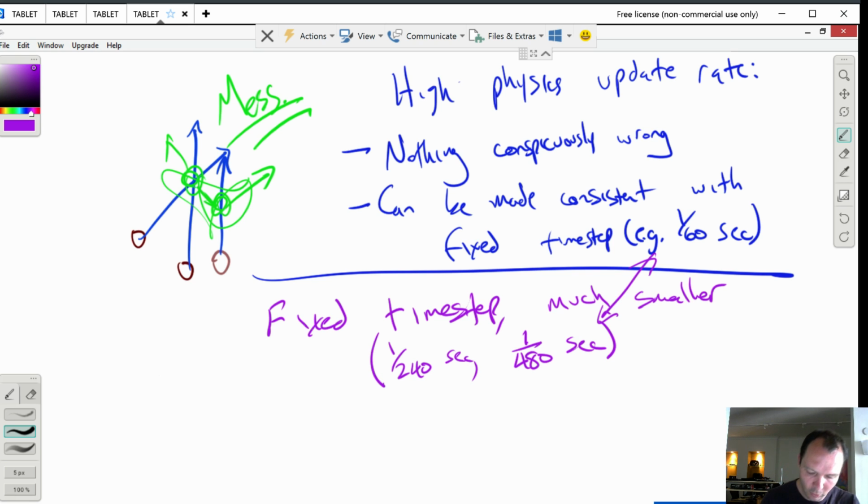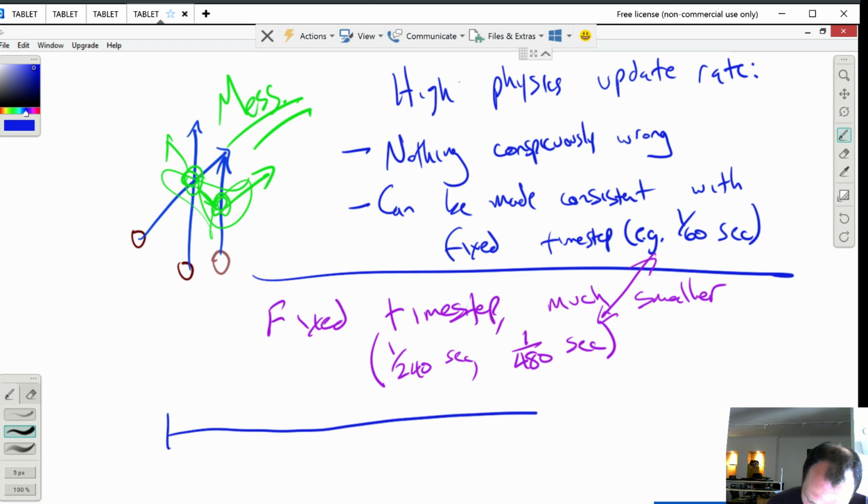So then what I'm going to do, let's say I'm on my 165 hertz monitor, right? I assume that 165 hertz is not, let's assume that 1/480th of a second doesn't evenly multiply into that. I don't know if it does or not. If it does, you pick a different frame rate monitor, right? So you're going to be sampling along here at fixed time steps.